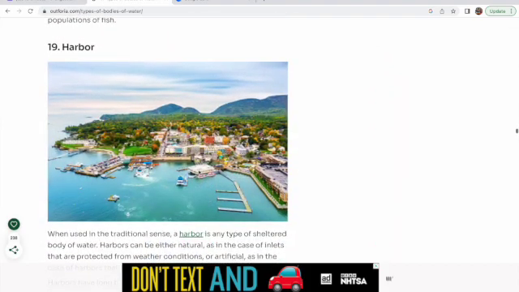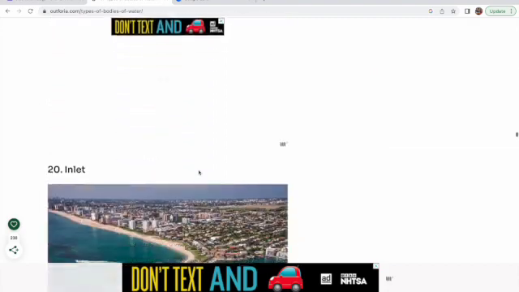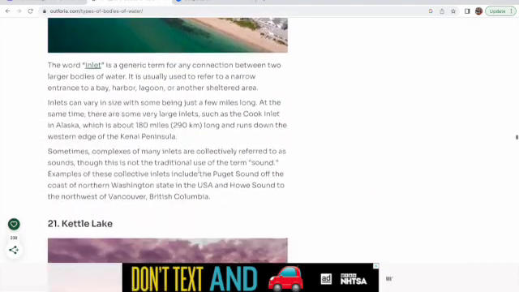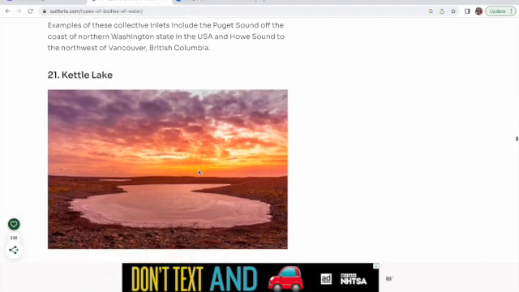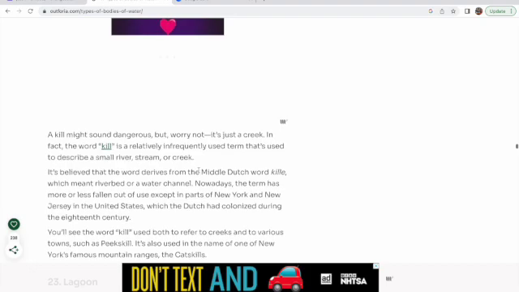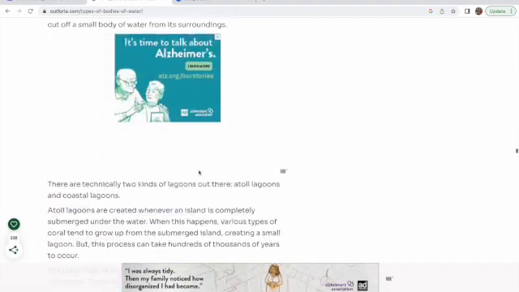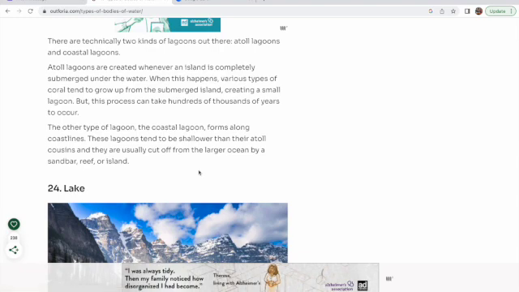This is a harbor, an inlet, a kettle lake, a lagoon. And mind you, we don't only have rivers that we could see in the farmlands, we also have underground rivers.